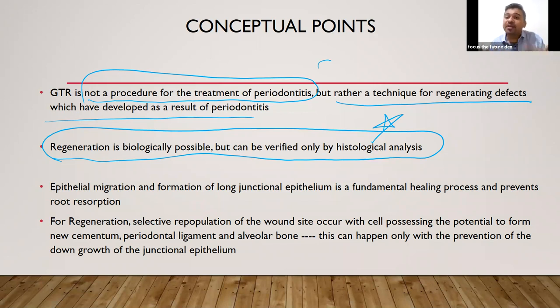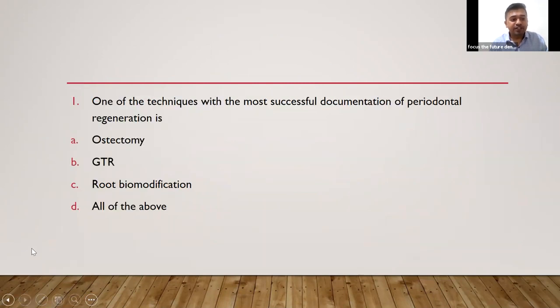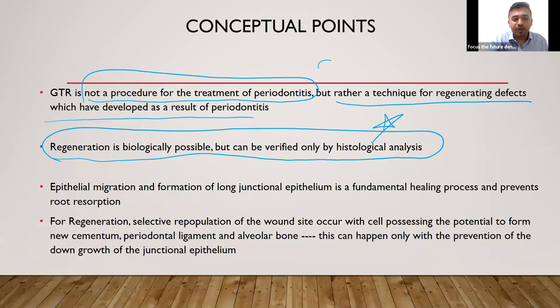So it is a fundamental healing process of our body to prevent root resorption. And the last one is your definition for regeneration. I'll repeat it again: formation of new cementum, new alveolar bone, and new periodontal ligament, which are the most important points. New cementum, new periodontal ligament, and new alveolar bone.